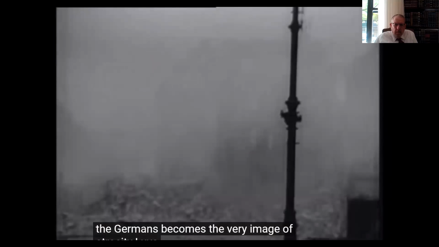A Belgian city, sacked and set afire by the Germans, becomes the very image of atrocity. Louvain.